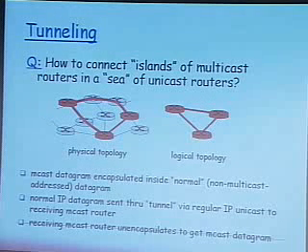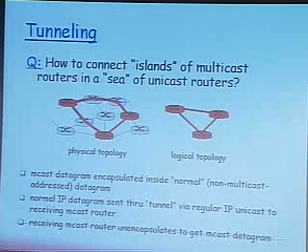Now, if you want to implement multicast on the network layer, the routers have to be capable of understanding all the multicast protocols. So again, like IPv6, if the routers do not understand IPv6, you resort to tunneling between two IPv6 capable routers.